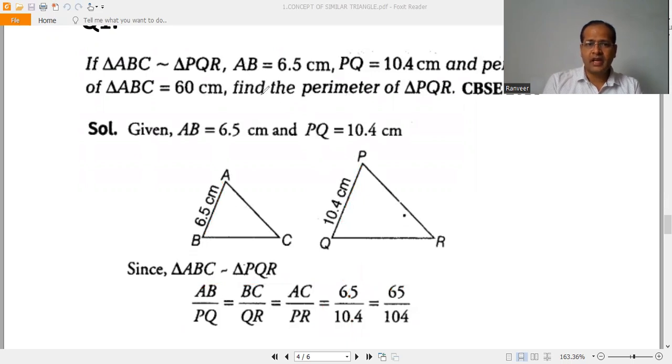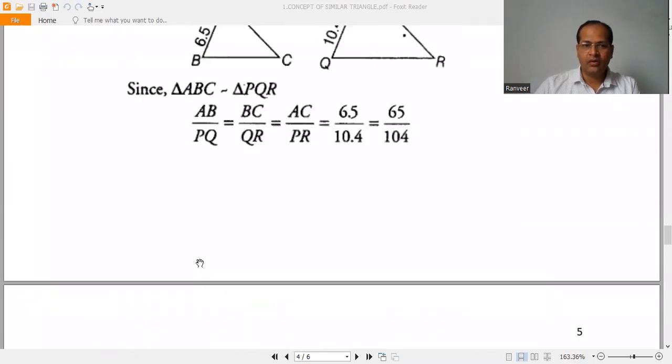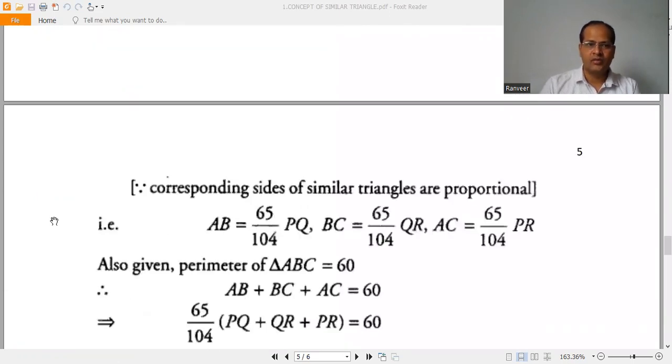Now, we have to find the perimeter of PQR, and the perimeter of the other triangle is given. So this is a very important question. We can write AB equal to 65 by 104 into PQ, BC equal to, and AC equal to. So we are representing one triangle in terms of the other triangle with the scale factor.